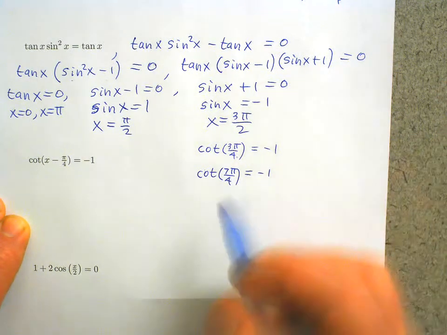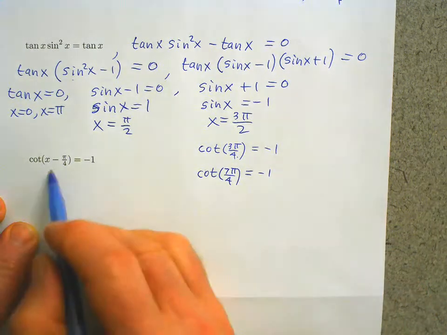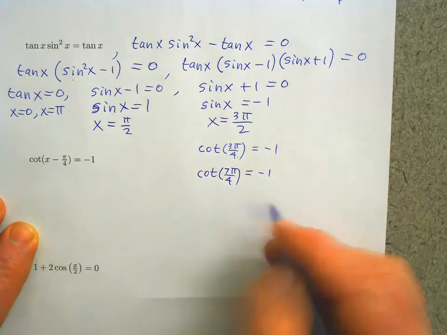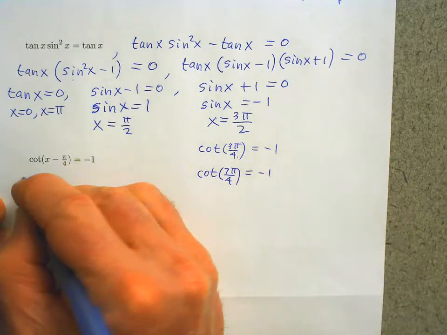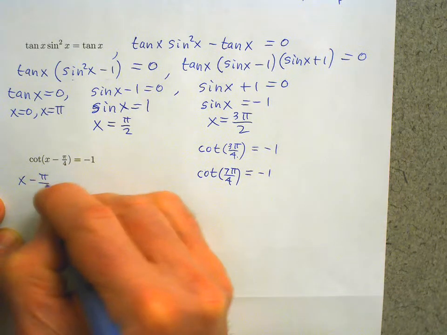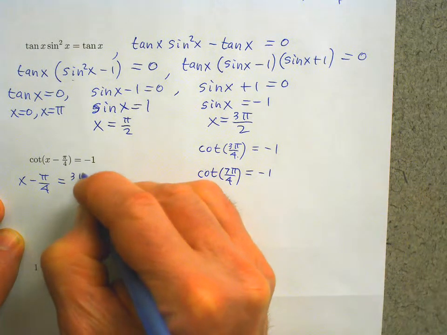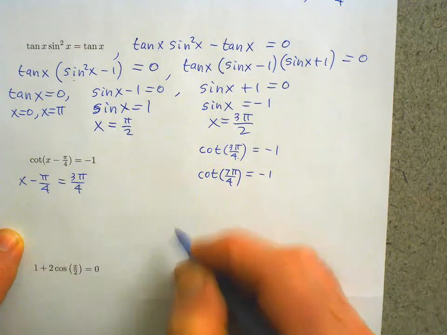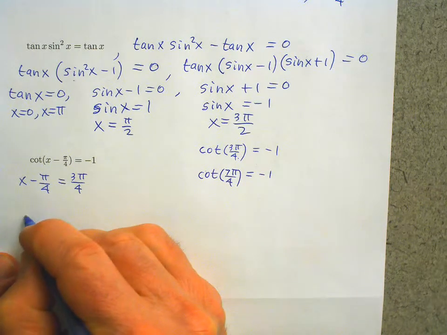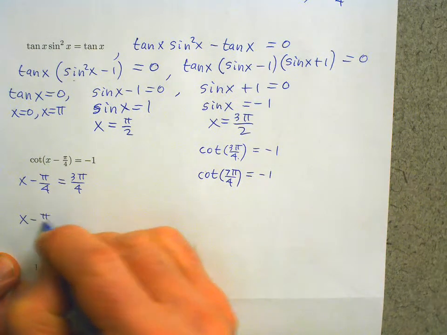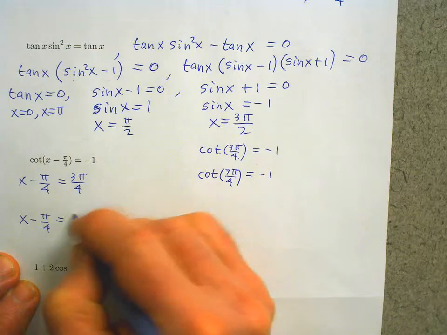So let's see what happens when we just write x minus pi over 4 equals 3 pi over 4. And then x minus pi over 4 equals 7 pi over 4.